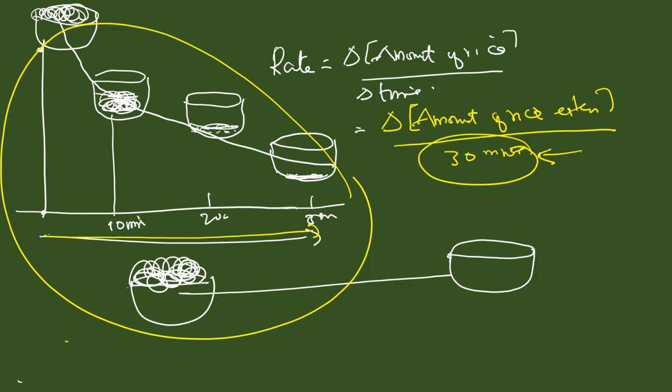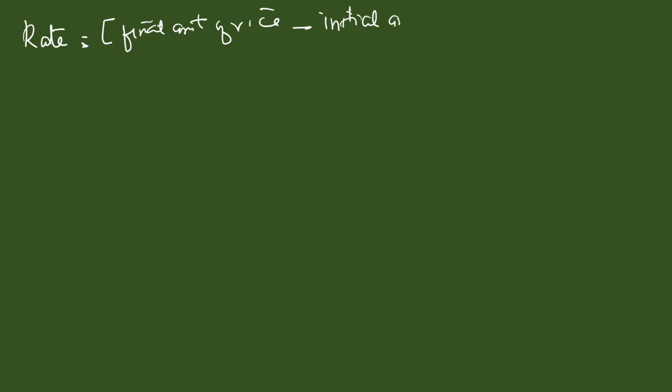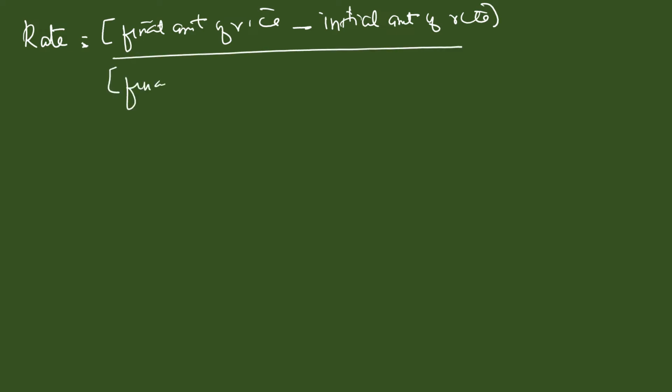Whenever we measure change in chemistry, if I'm saying that rate in the example I gave equals the change in the amount of rice, then I'm going to say that it equals the final amount of rice minus the initial amount of rice, over the final time minus the initial time.